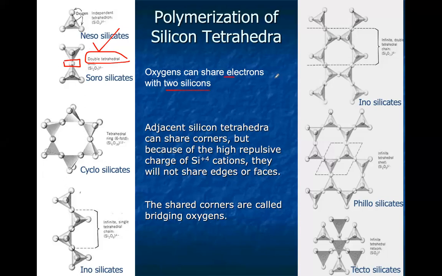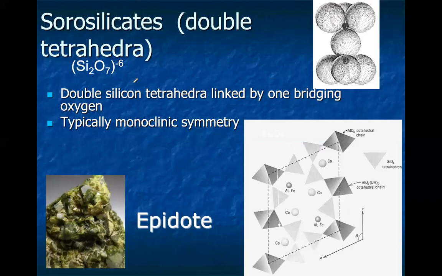They share two electrons, with two silicon. Right, sorosilicates. So double tetrahedra, usually you have this type of component there, and one bridging oxygen is there. Right, here is a bridging oxygen.